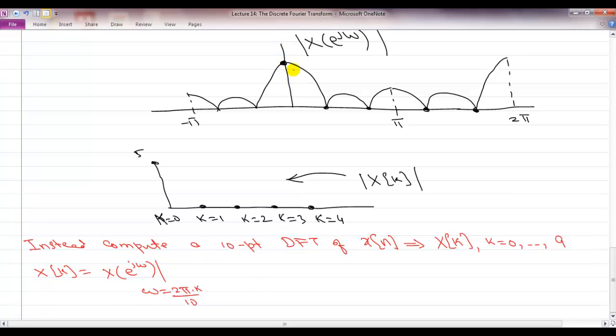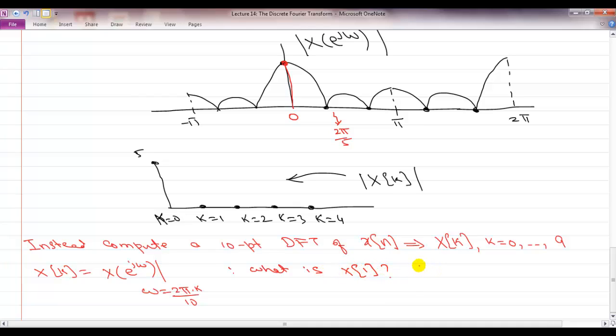Of course, at little omega equal to 0 or k equal to 0, you will still get the same sample, right? You will still get this sample. Remember, this point is 2 pi over 5, and this is 0. But what will be now in the 10-point DFT? What is X of 1?